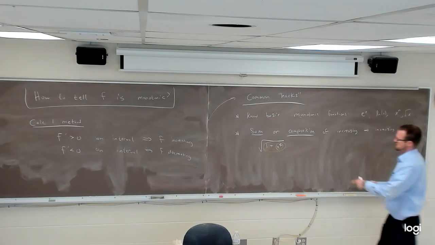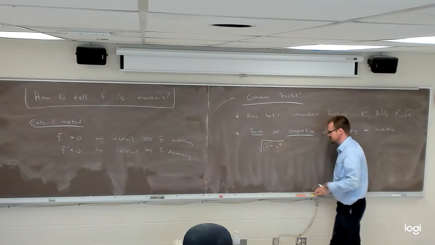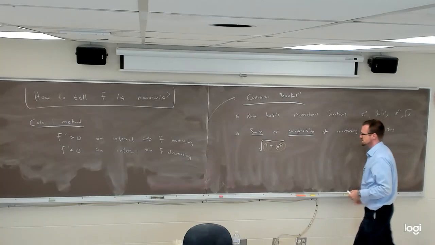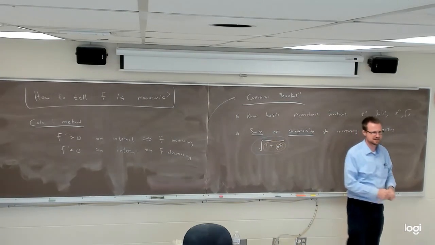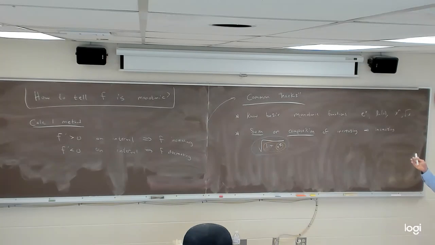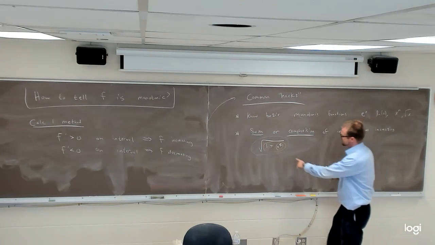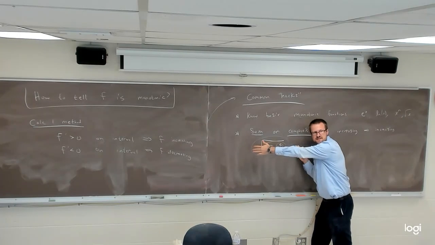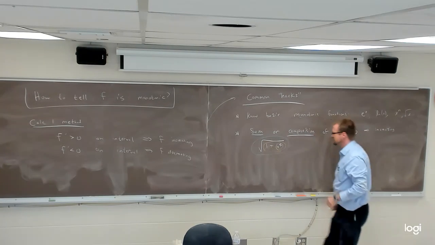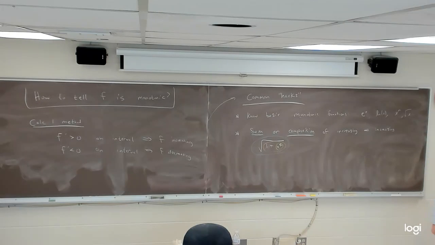So now I know that 1 plus x to the 4th is increasing. Now I'm taking the square root of something increasing. That's a composition of an increasing function with an increasing function. So the bigger x is, the bigger the inside is. The bigger the inside is, the bigger the square root is. Right? Square roots of bigger numbers are bigger. So now I know that that whole thing is increasing.